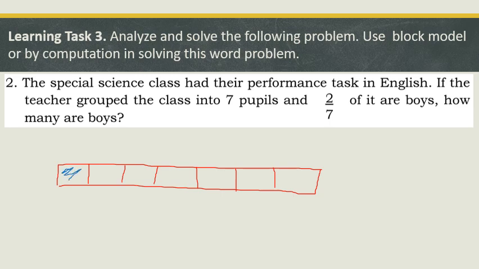Ito po yung boys. Sabi dito sa problem, ginroup daw ng teacher, tig 7 pupils kada isang kahon. Ang tanong kasi, ilan yung boys? Kung 2/7 ang boys, itong dalawang to, ilan lahat yung boys? Kung ang isang kahon ay 7, so 14 boys.